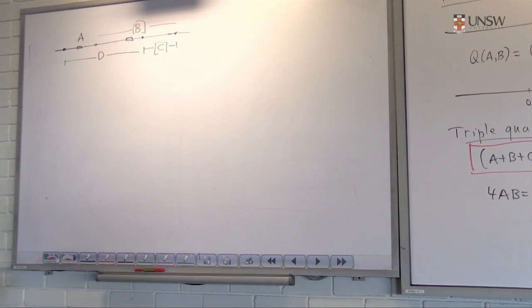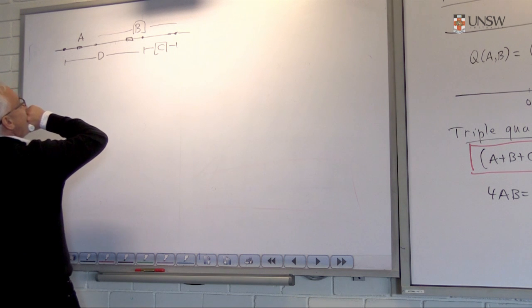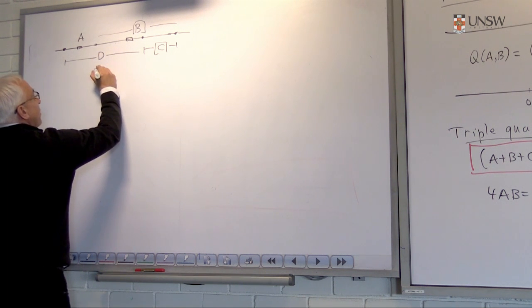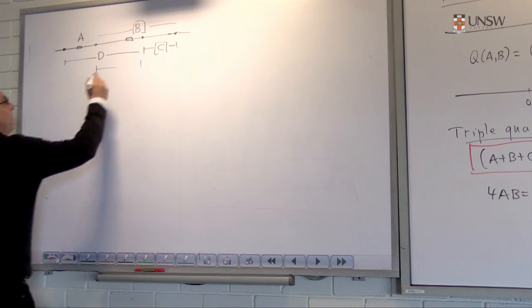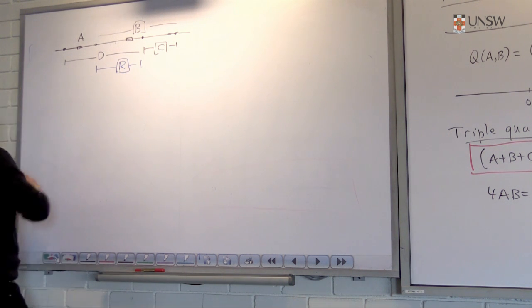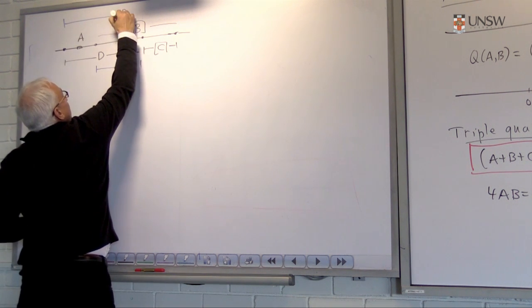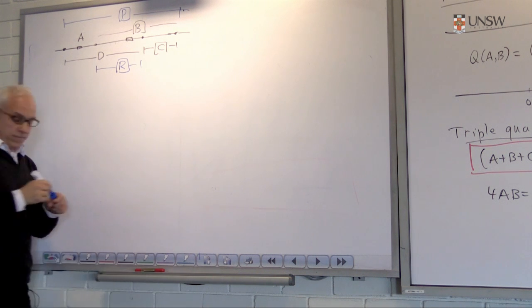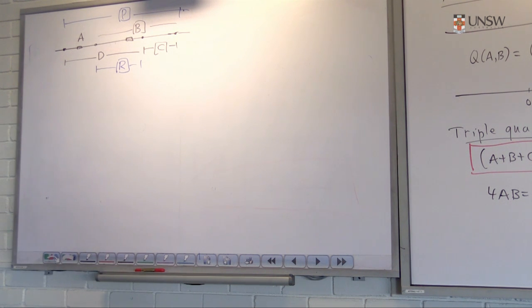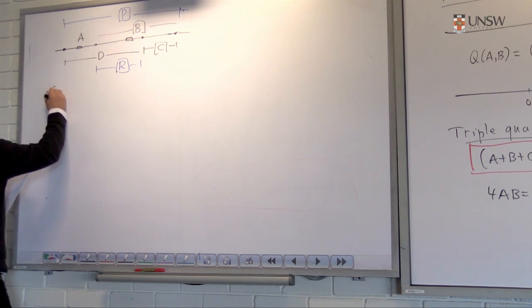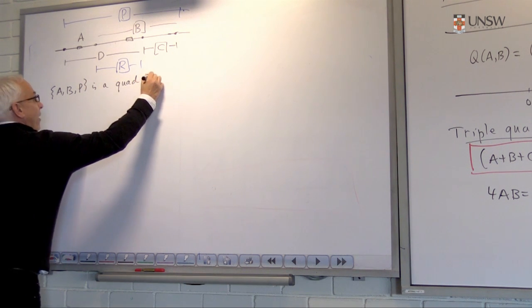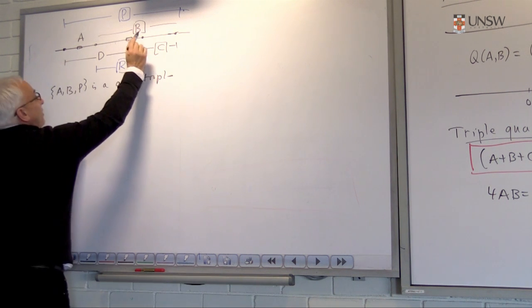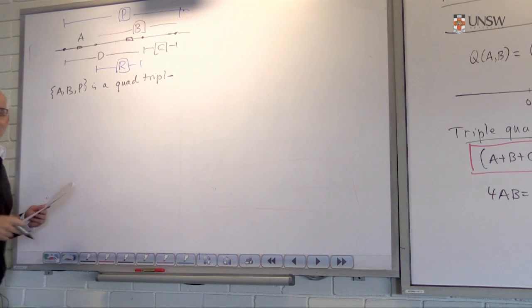Well, let me introduce the 2 other quadrances which are floating around, which are this one here, from here to here, I think I should call that one R, and the other one from here to here, let's call that P. Okay, we want to know what's the relationship between A, B, C, and D. We're going to use these 2 auxiliary ones, R and P. So we'll note first that A, B, and P is a quad triple, because that point, and that point, and that point are a triple.